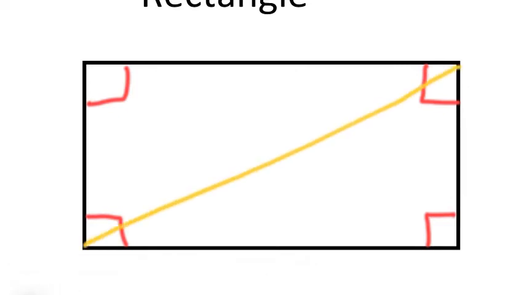The first one is that it has four right angles, and the second is that the diagonals, not only do they bisect each other, but the diagonals are also going to be congruent. And so, yes, they bisect each other, but since the diagonals are congruent, we know that all four of these parts of the rectangle are going to be congruent.